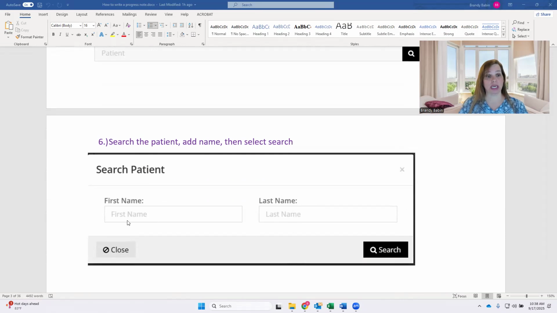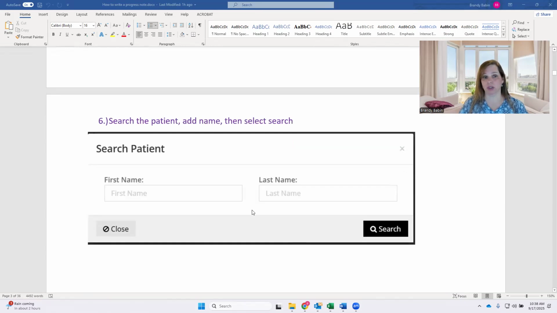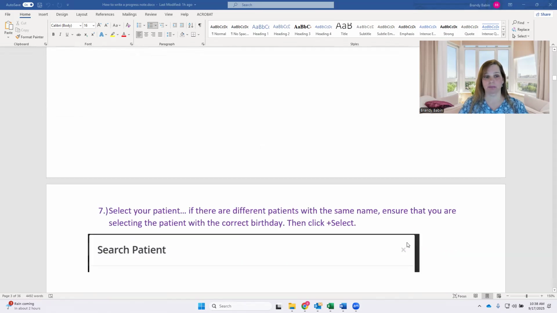Usually you can get away with just using a couple of initials. So maybe John, you could just put J-O, and then Smith, S-M-I, but you might have to type out the whole name as well. Once you've put your patient's name in, you're going to click this button right here, which is the search button.